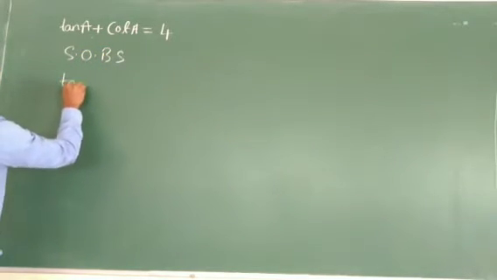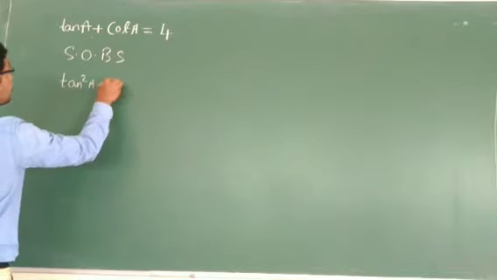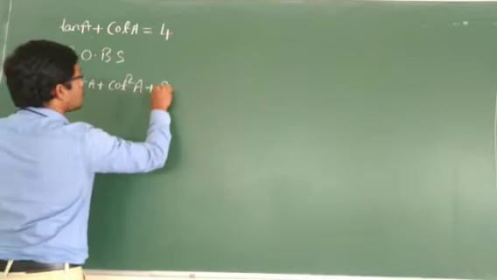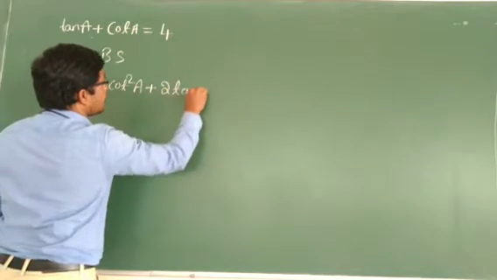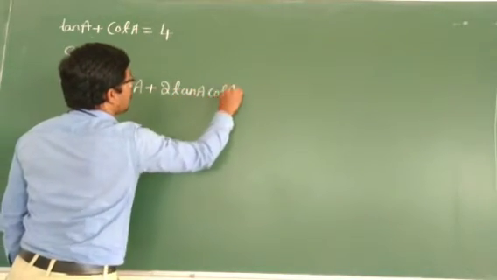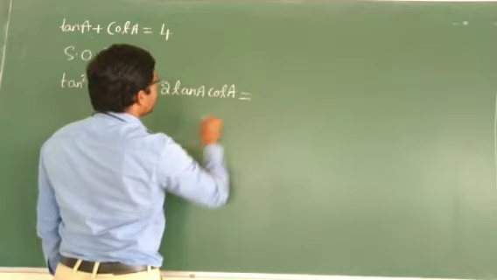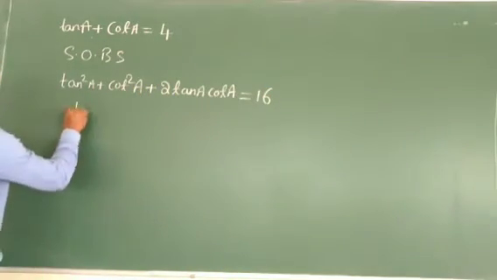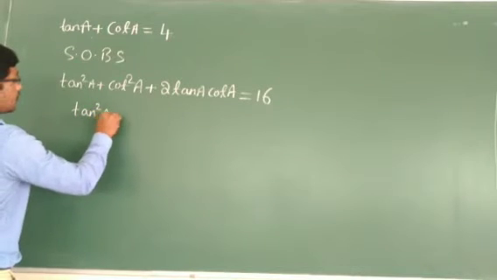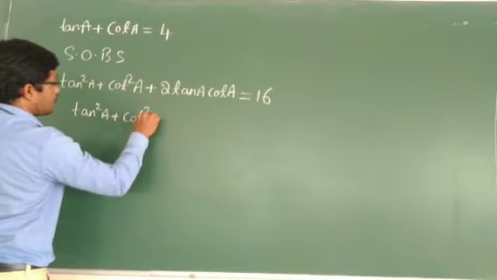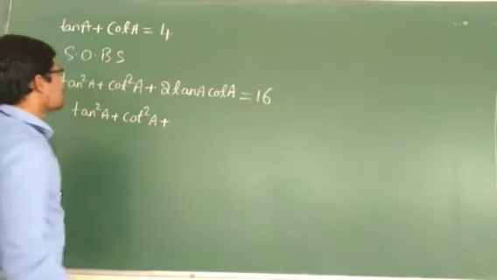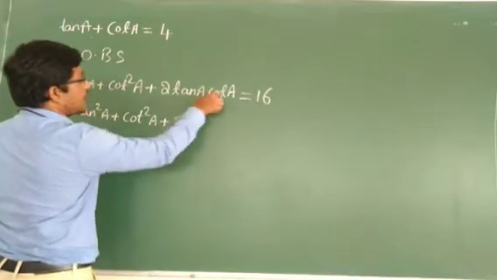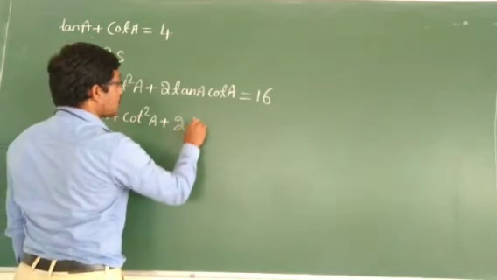We get tan square A plus cot square A plus 2 tan A into cot A, that is equal to 4 square, 16. Tan A and cot A, they are reciprocal, so they will be cancelled.